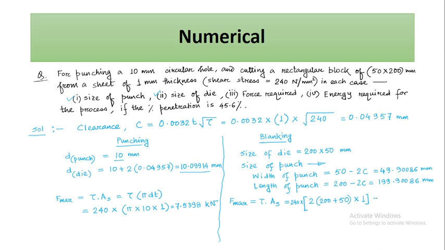If we calculate it, the value will be 120 kilonewton, dividing by 1000. So you can see, in the punching case we needed the maximum force of 7.5398 kilonewton, and in this case we are getting 120 kilonewton.